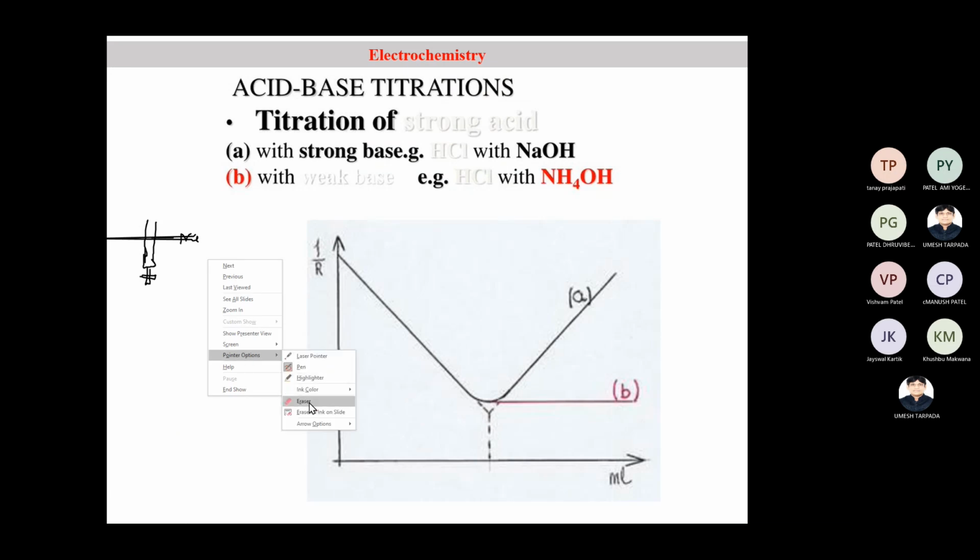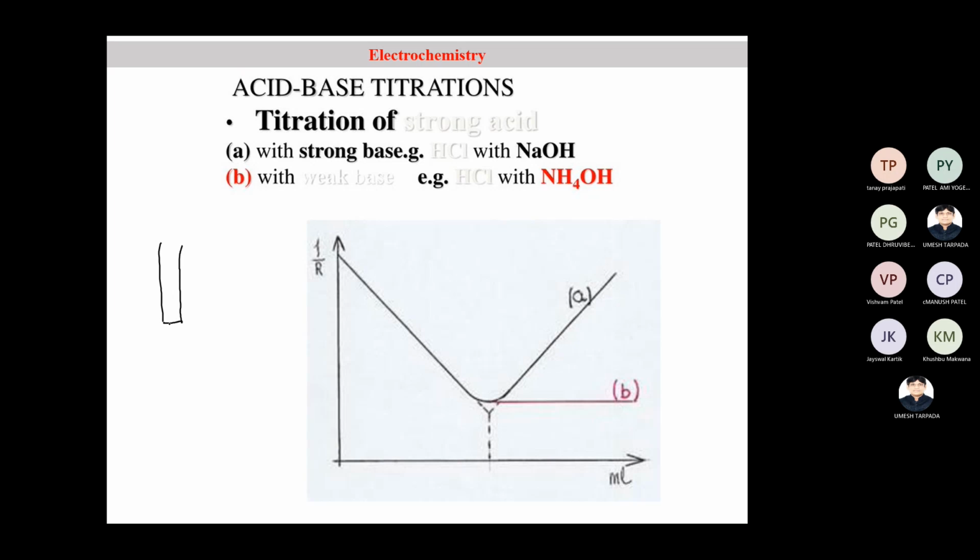NaOH is there in the burette, and in the beaker you have taken HCl, a strong acid. Now see, the conductivity of H plus is higher than that of Na plus, or you can say OH minus.